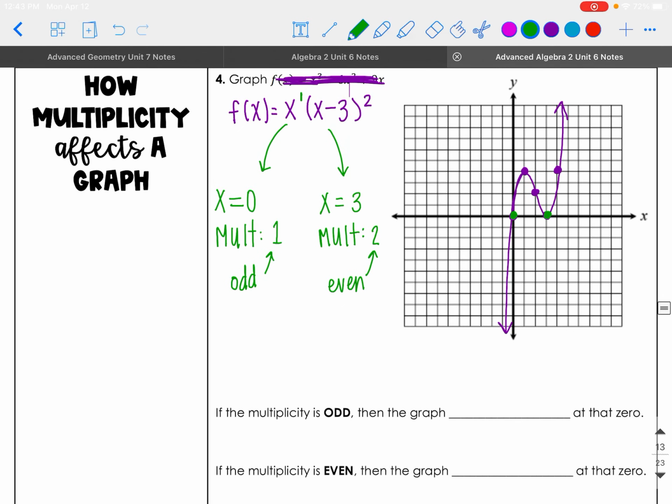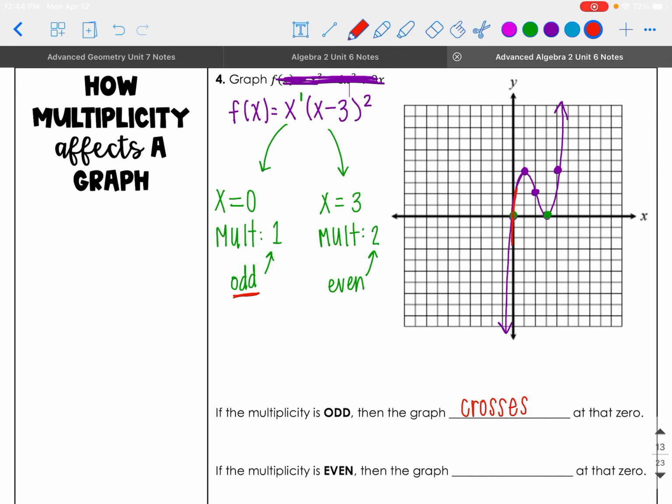So let's look at the graph. The first x-intercept was 0. Notice how the graph actually completely runs through that point. That had a multiplicity of 1, which we said was odd. So whenever the multiplicity is odd, the graph crosses at 0.